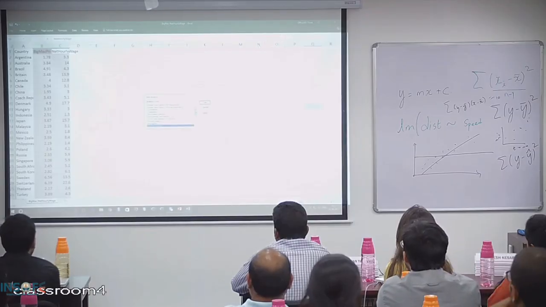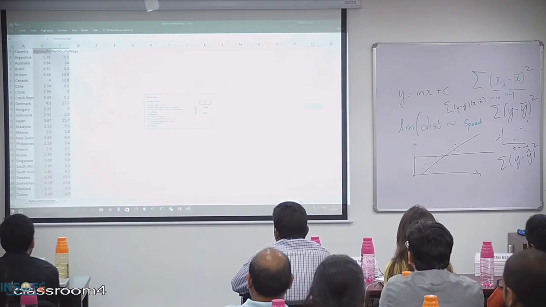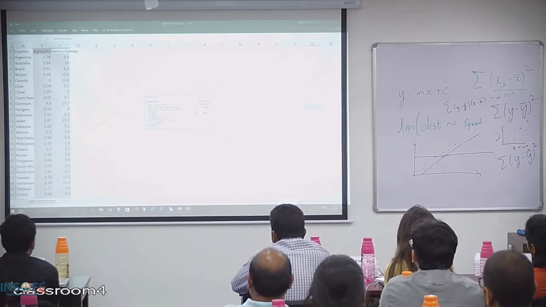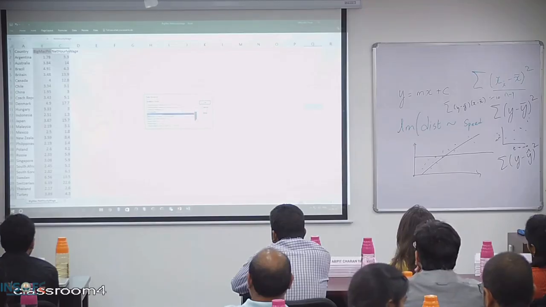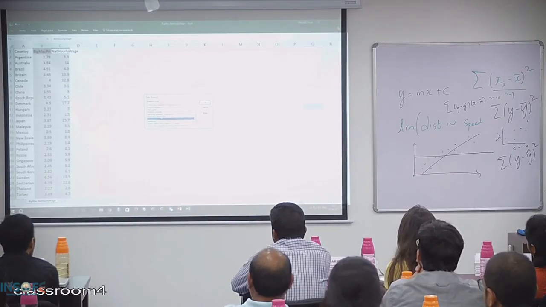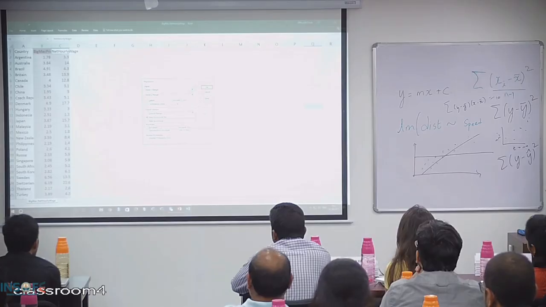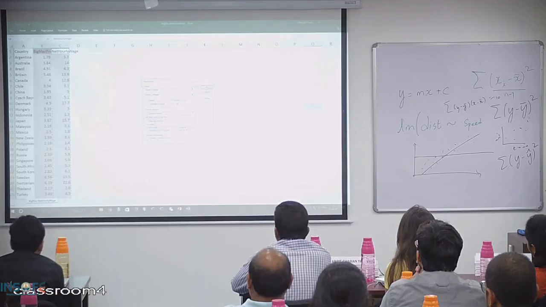and in data analysis you see plenty of options. You see ANOVA, correlation, covariance, so on and so forth. I'm going to do regression on that. Click OK. Input Y range is this. Input X range is that.